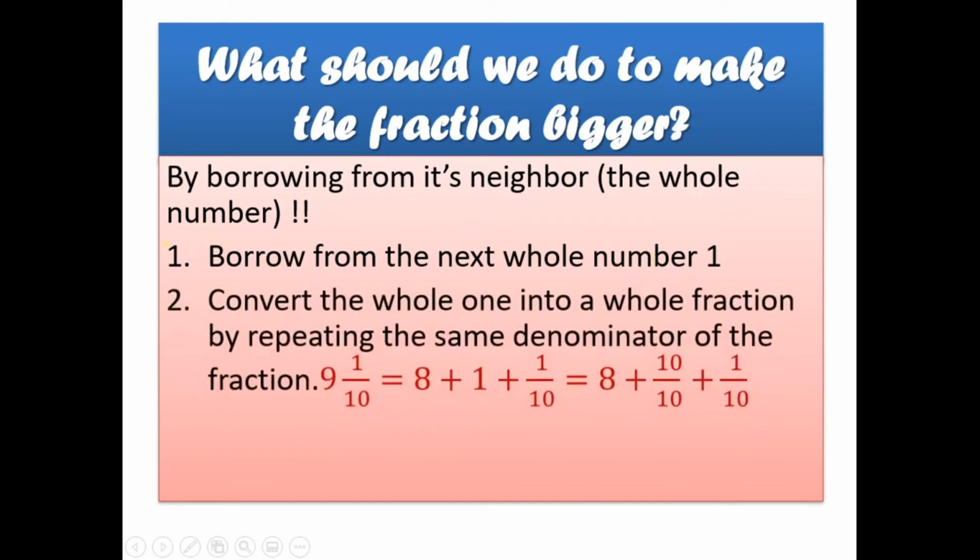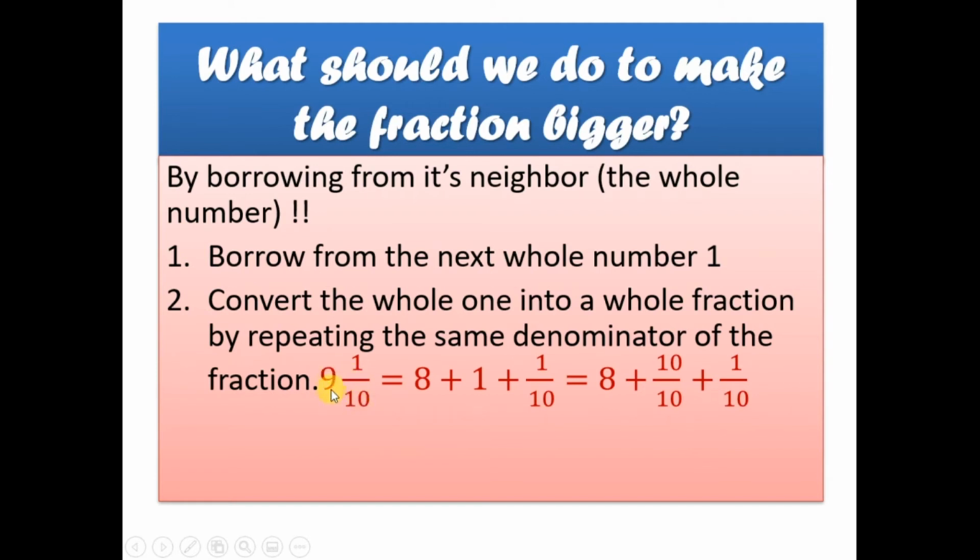But can I minus a fraction from 1? 1 is a whole number. So in this case, I need to convert the 1 into a whole fraction by repeating the same denominator of the fraction. To subtract or to add fractions, we have to get the same denominator. So in this case, I have to take the denominator and repeat it.